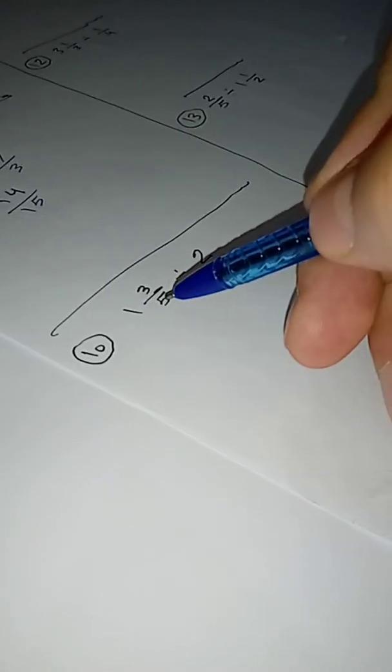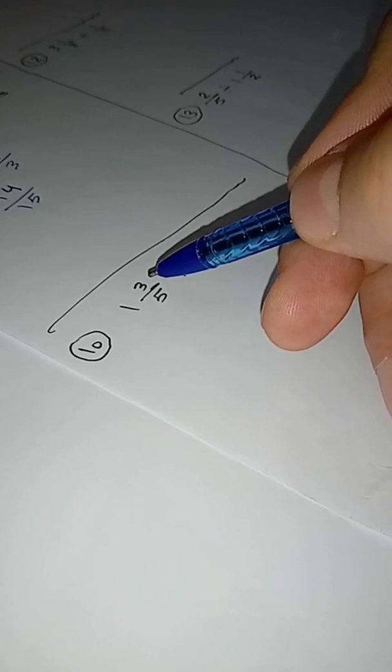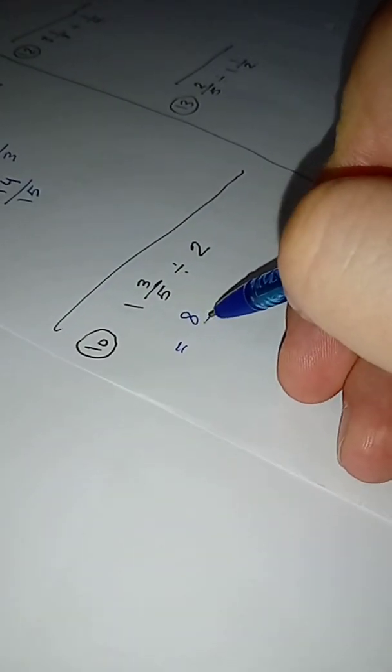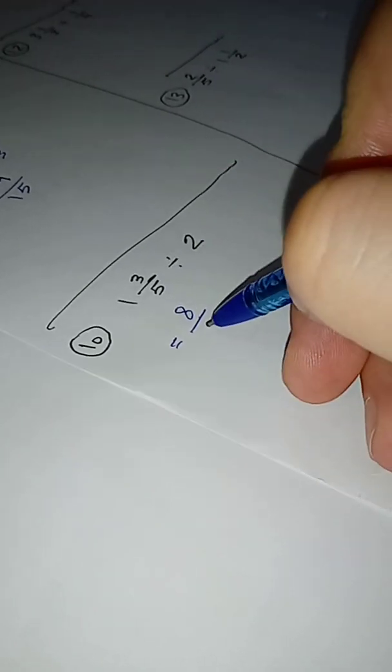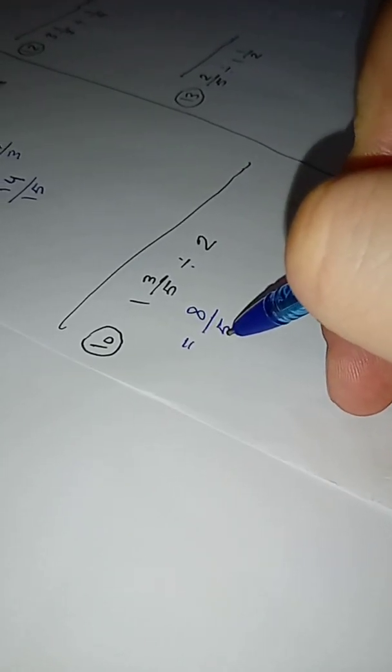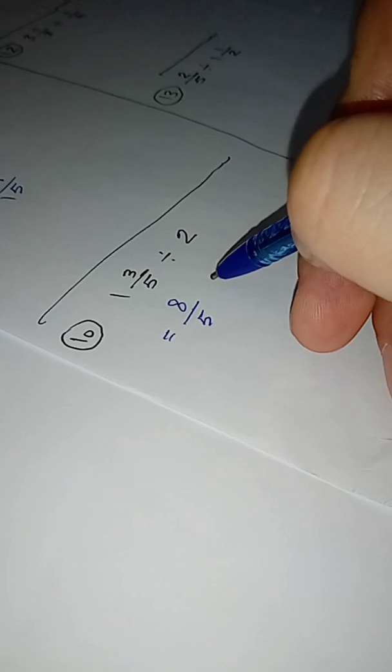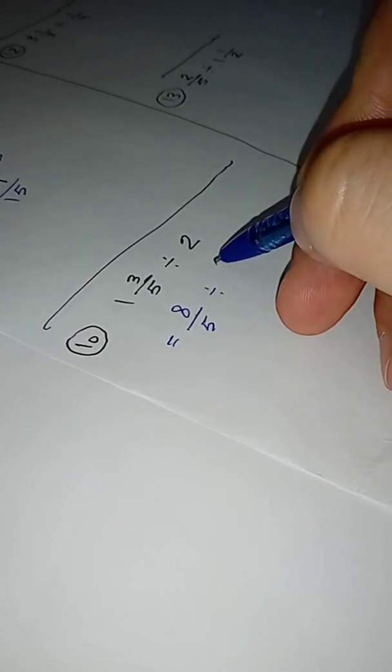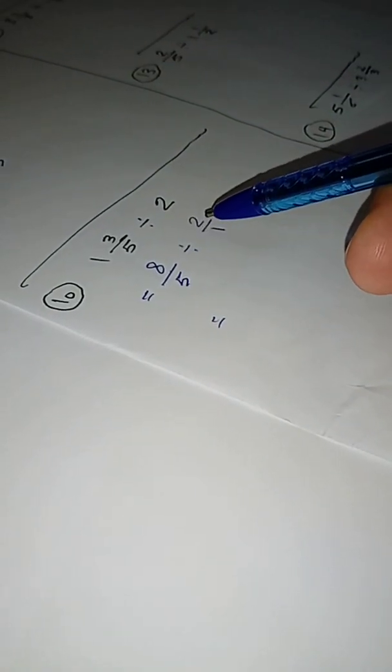How? 1 times 5 will be 5. 5 plus 3 will be 8 over 5. Divide by 2 over 1. Then now you have a fraction divide by fraction.